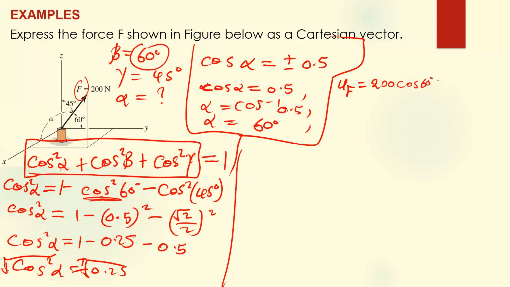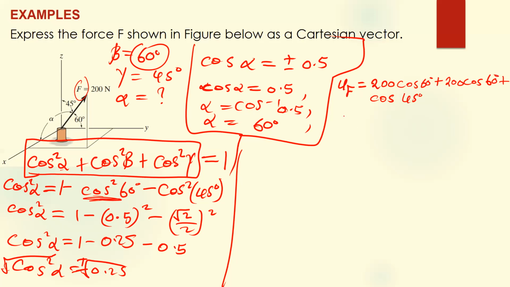Then we say plus 200 cos beta. The beta that we have here is also 60. Then we say plus cos gamma. The gamma that we have here is 45 degrees.